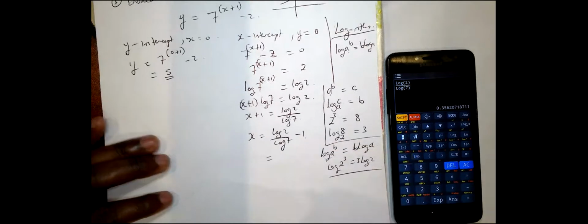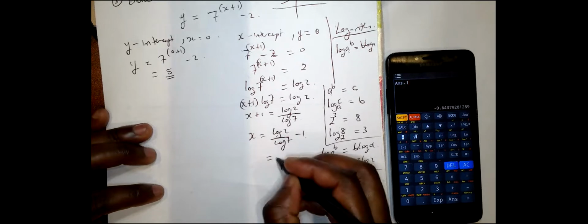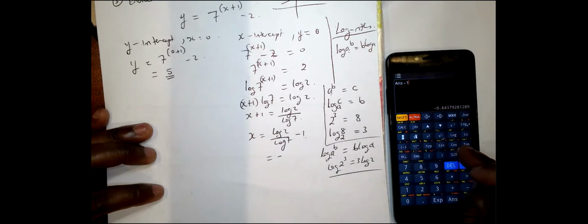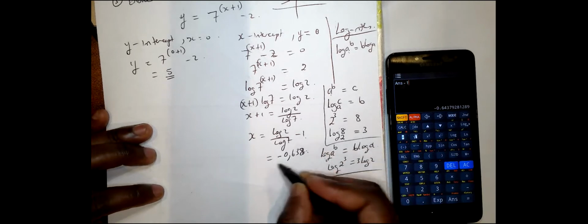What are we going to get there? If we say this one here minus 1, we get negative 0.637 or 38. That's what you get there.